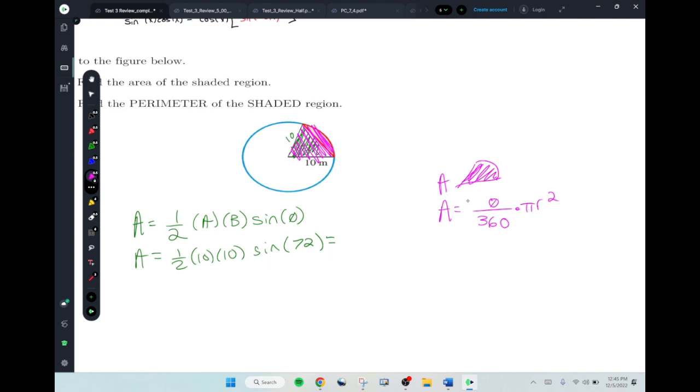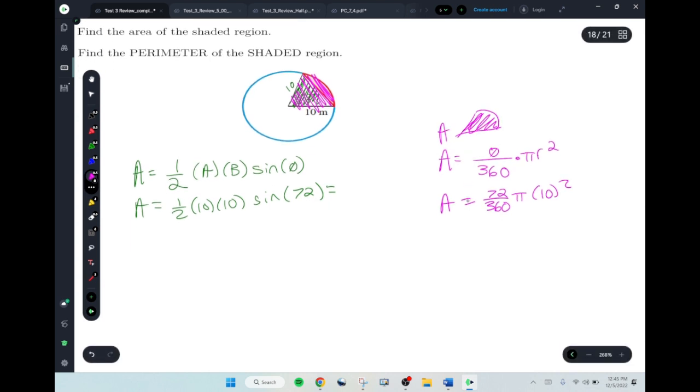It's right? Okay, I'm also trying to remember these as well. I'm never going to say that I know everything and have everything memorized perfectly. Pi 10 squared. There's that area. What do we do with those two areas? We go pink area minus green area, right? Also known as the sector area, which looks like a piece of pizza.